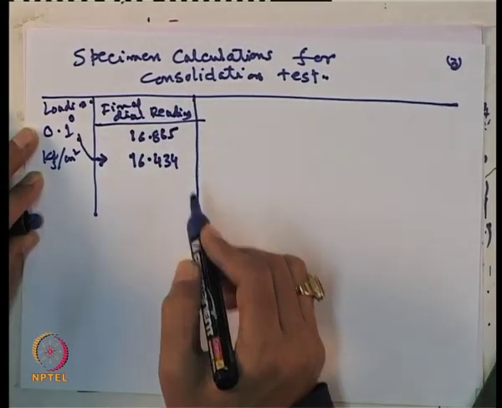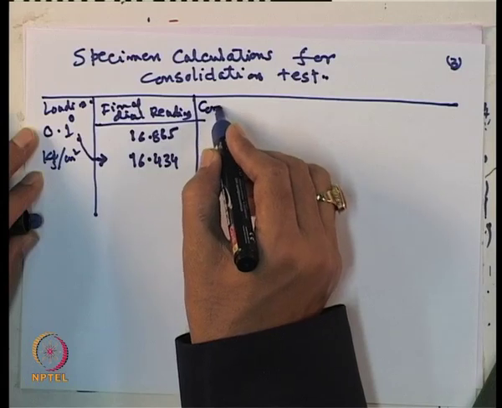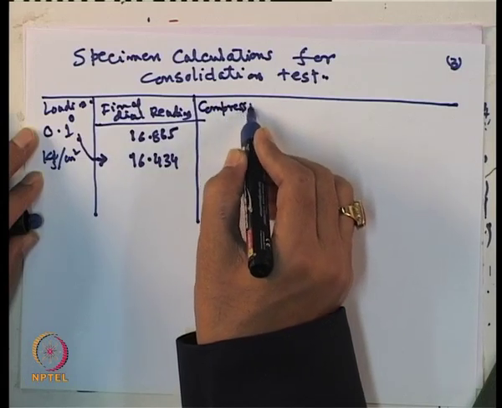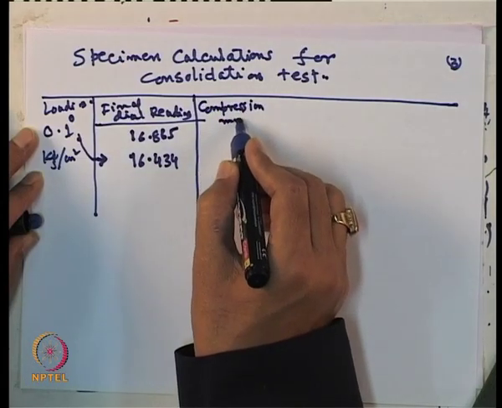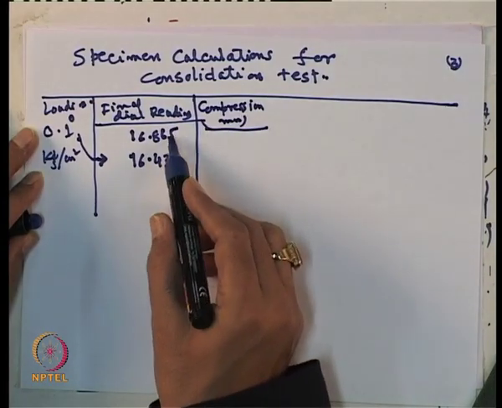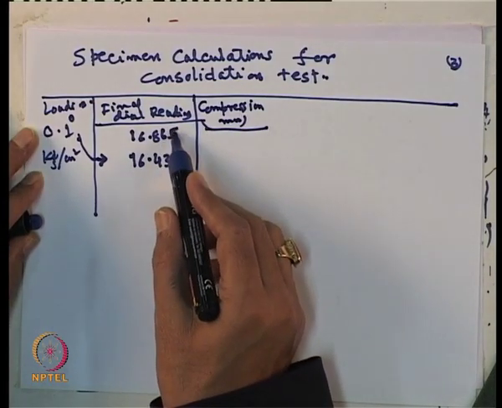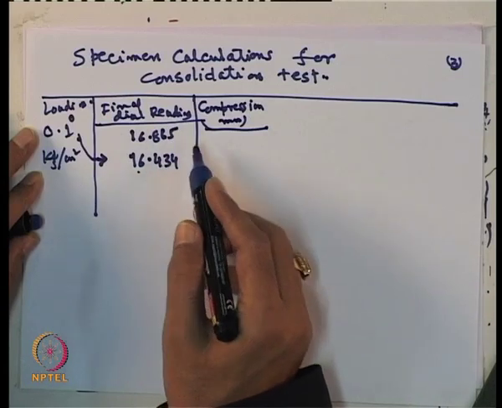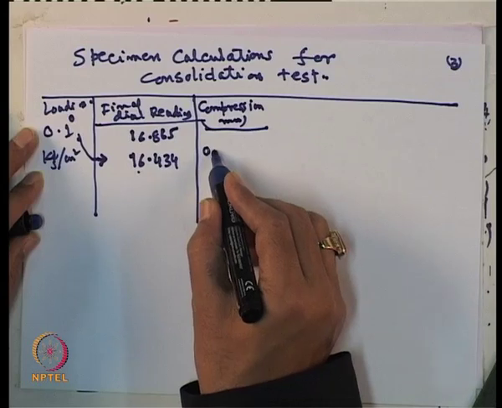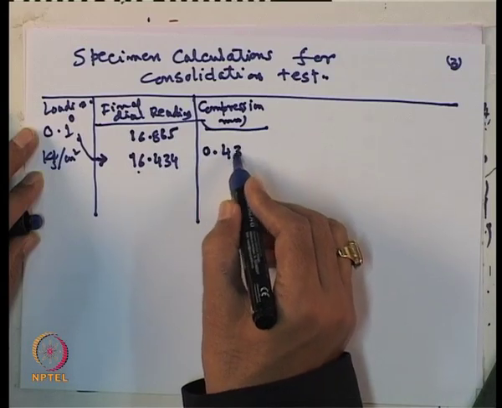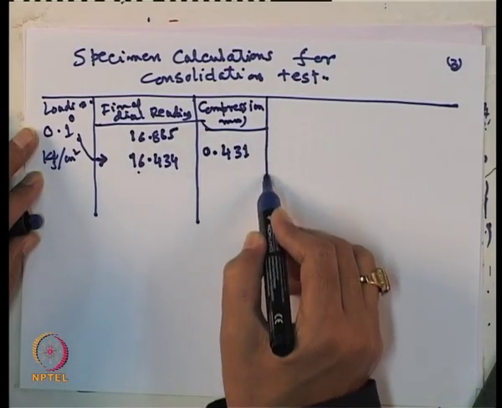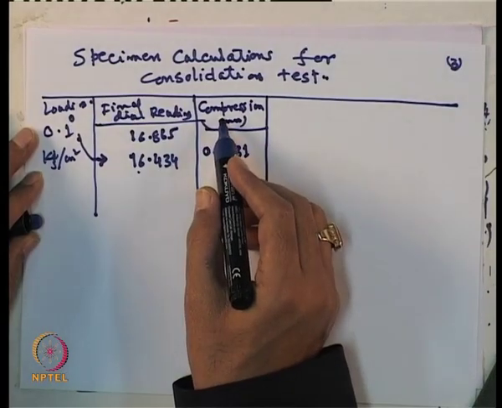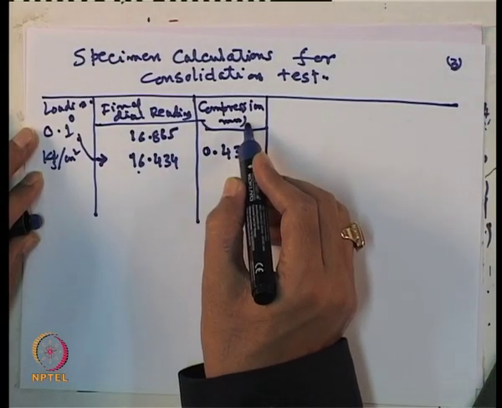Then you calculate the compression in millimeter. So, compression will be 16.865 minus 16.434. This will give you 0.431 millimeter. So, compression is D.